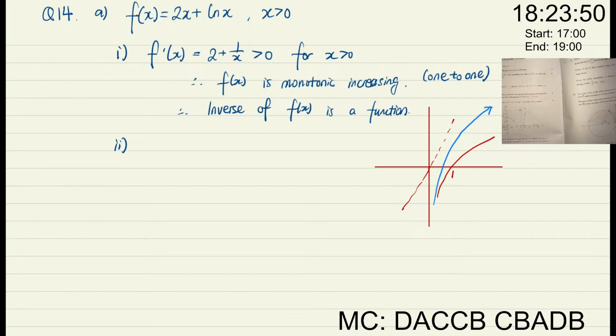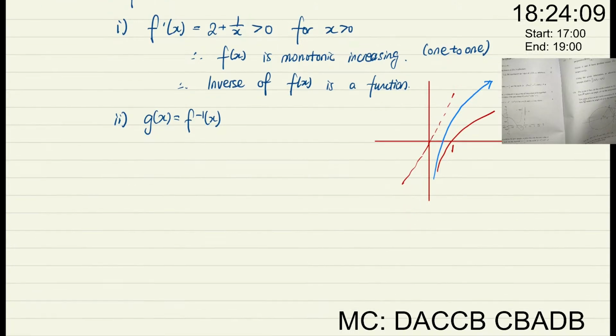Okay? By letting g of x be the inverse of f of x, by considering the value of f of 1 or otherwise, evaluate g dash of 2. I loved how they give you a subtle hint about f of 1. Let's just do f of 1 real quick.